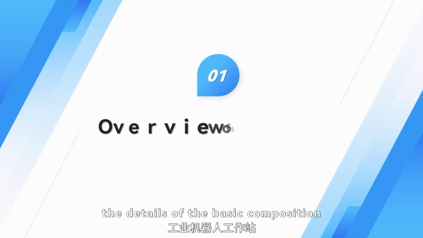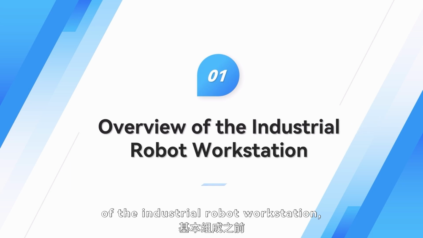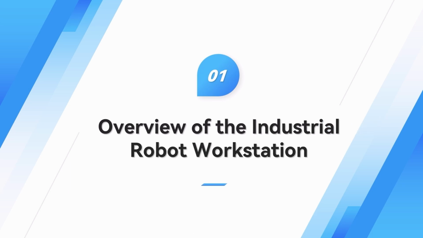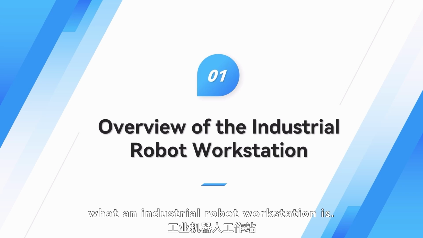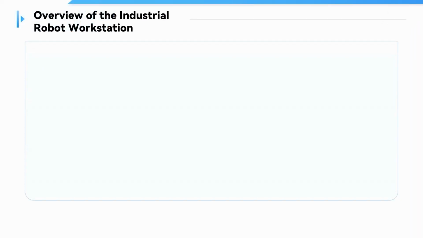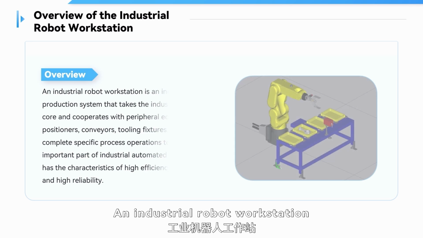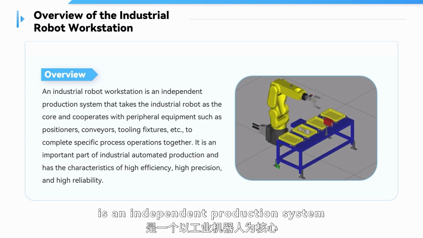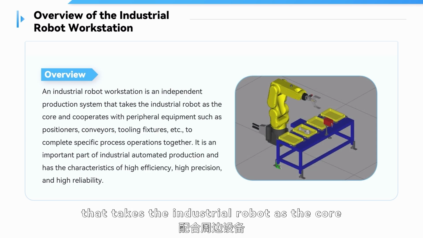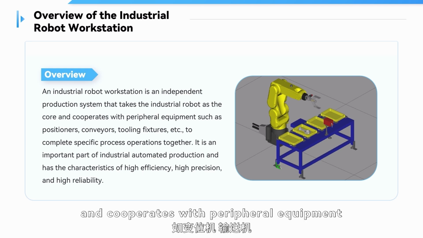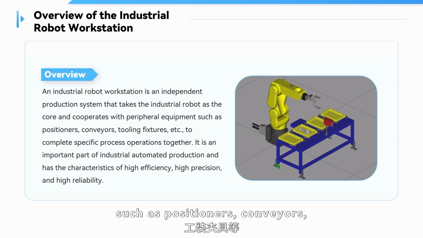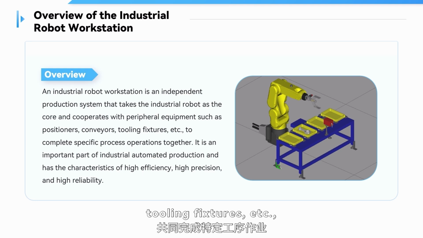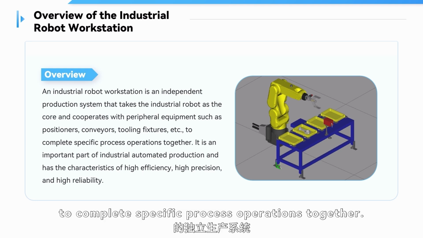Before we get into the details of the basic composition of the industrial robot workstation, let's first briefly understand what an industrial robot workstation is. An industrial robot workstation is an independent production system that takes the industrial robot as the core and cooperates with peripheral equipment such as positioners, conveyors, tooling fixtures, etc., to complete specific process operations together.